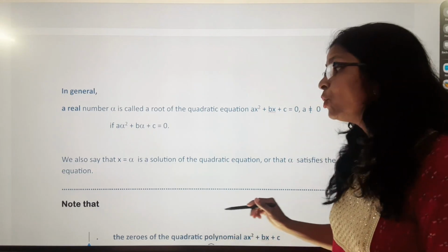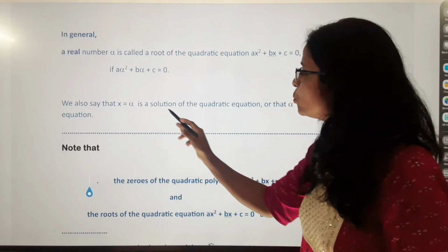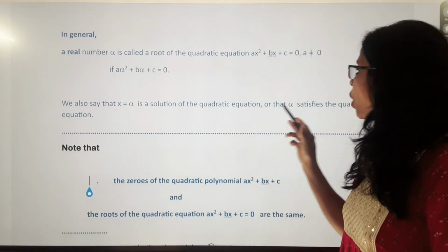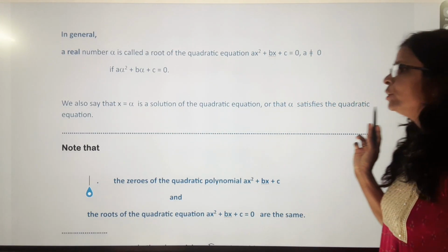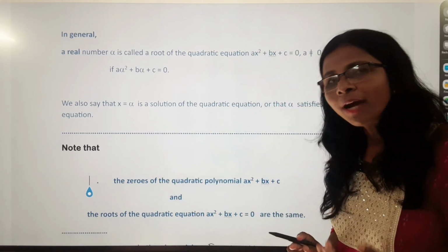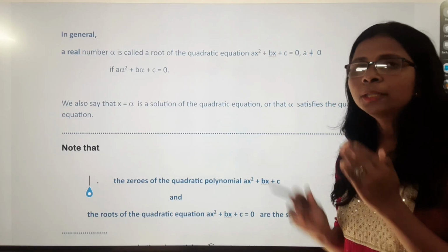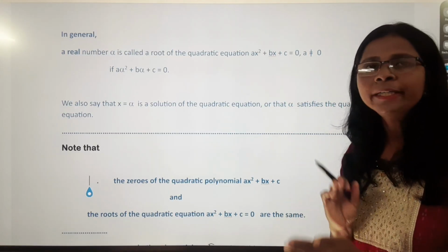Okay, and we also say that if x is equal to alpha is a solution of the quadratic equation, or that alpha satisfies the quadratic equation. Okay, x is equal to alpha, that means for this alpha value, the given quadratic equation can be satisfied.